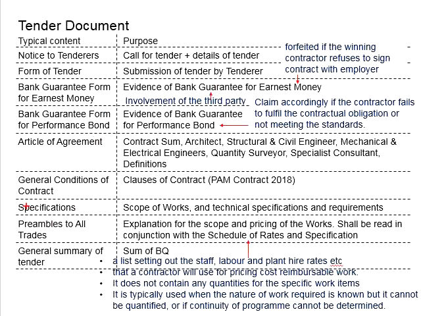After that, there will be specifications of the project. This includes the scope of the work and the technical specifications and requirements related to the project. All the details necessary to carry out the projects are to be disclosed in this tender document.